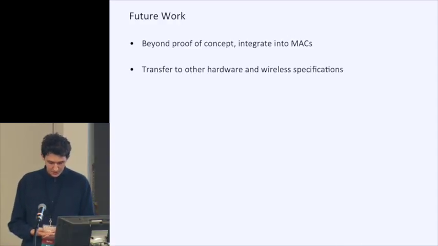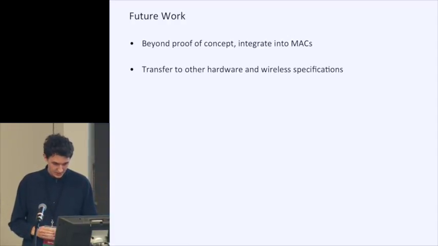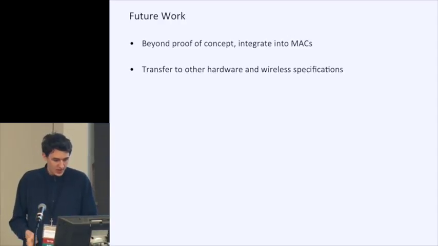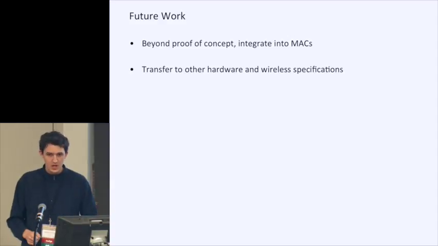The other thing we wanted to do is that we have not tried it on multiple pieces of hardware, and only with this IEEE 802.15.4 wireless specification. And we only used TelosB so far, as I said earlier. We believe this should work on essentially any wireless specification as long as your symbols are separated by time and you have this capture effect. So we're kind of hopeful there.